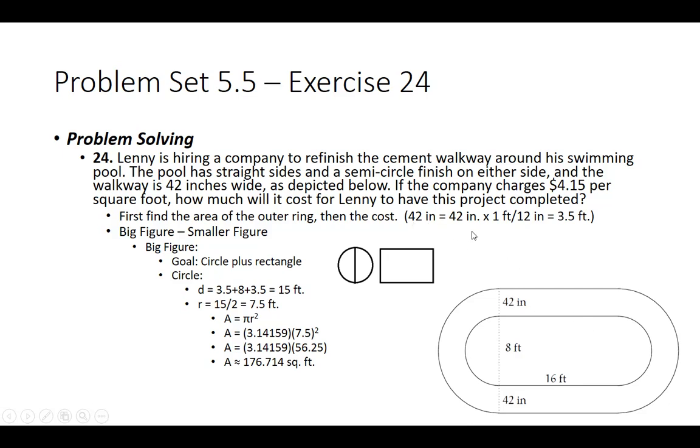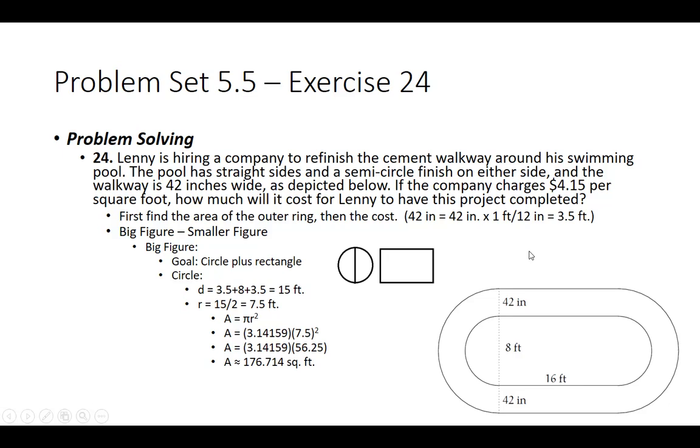So 42 inches times 1 foot over 12 inches cancels inches away and leaves us in feet. 42 times 1 divided by 12 gives us 3.5 feet. So where we see 42 inches, we're going to replace that with a note of 3.5 feet.